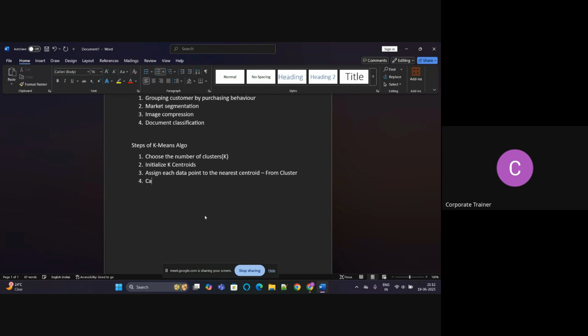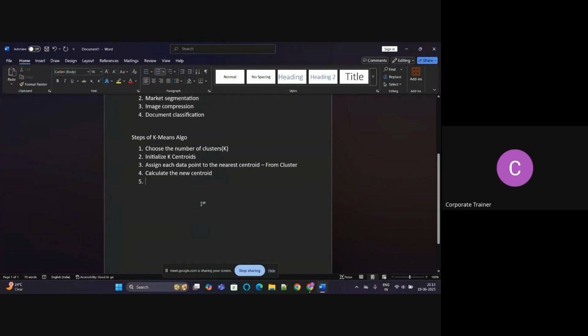And this is the main thing: repeat steps 3 and 4 until the centroids no longer change. So this is what you can follow to understand the algorithm.